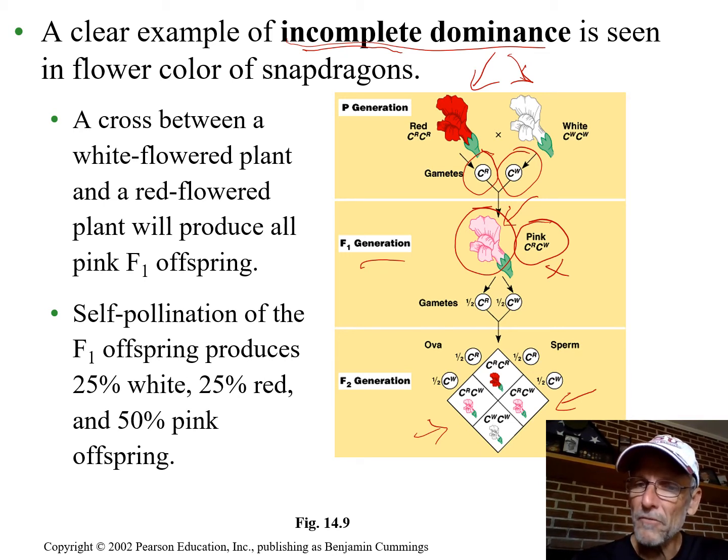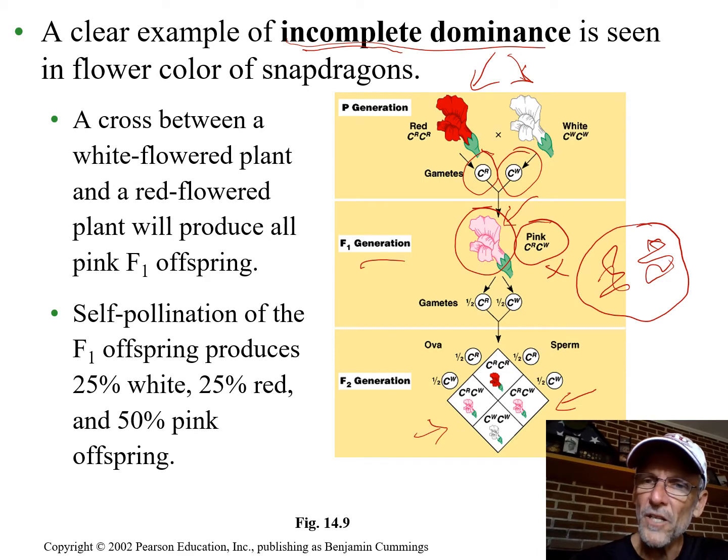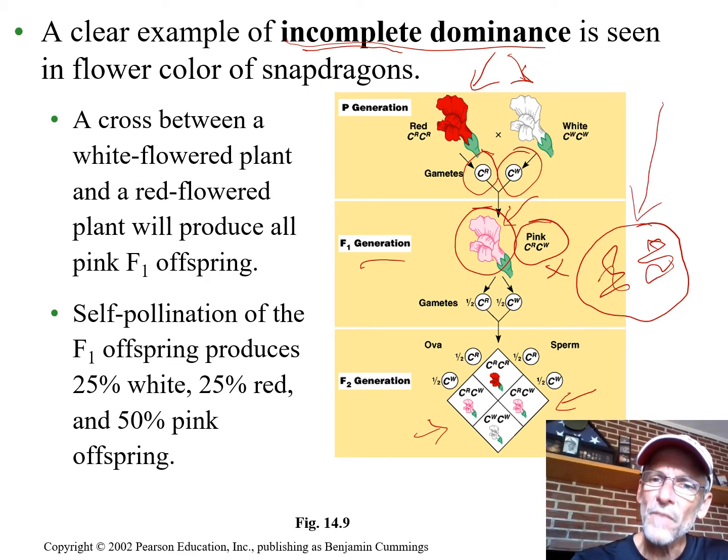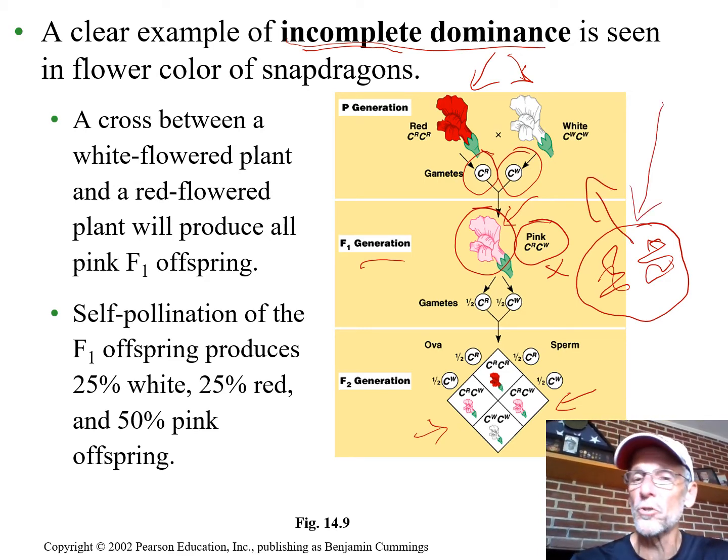But since we have a different situation in terms of phenotypes here, this red flower gene produces a protein, the white flower gene produces a protein, and when both of those proteins are in a plant cell and light falls on it, they reflect back light that look to our eye to be pink. So that's the chemical basis, the molecular basis of incomplete dominance.